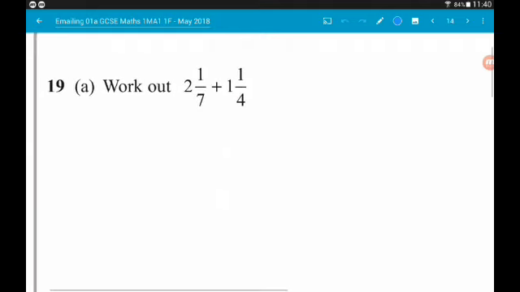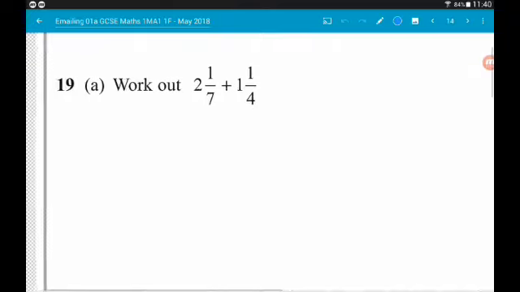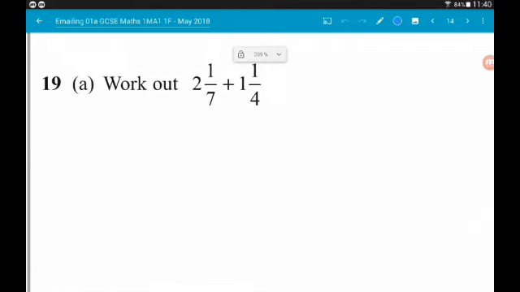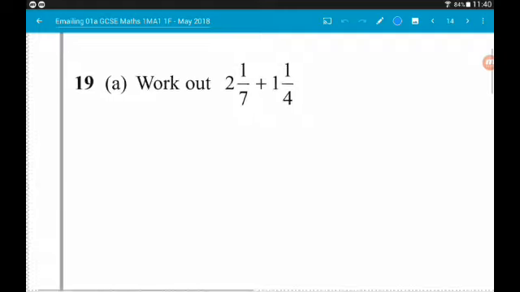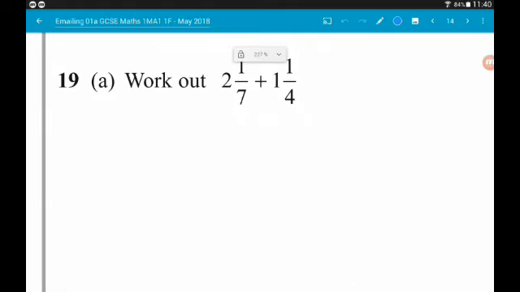Okay, next up, we want to work out 2 and 1/7 add 1 and 1/4. So, mixed numbers. I might actually show you 2 ways to do this as well. There is a little cheat. We'll do it the proper way first of all. So, to add mixed numbers, we first of all need to turn them into improper fractions.